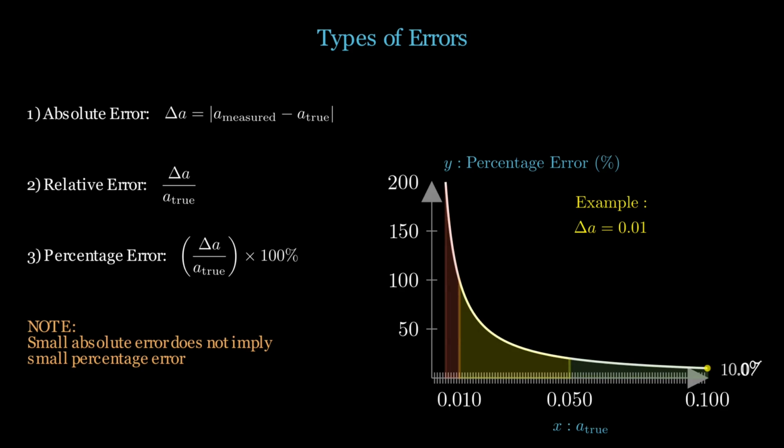In this graph here, the true values of A are represented by the x-axis, while the y-axis shows the percentage error. And you can see as we go to lower values of A true, the percentage error just blows up.